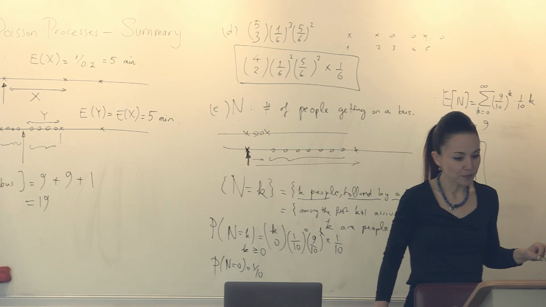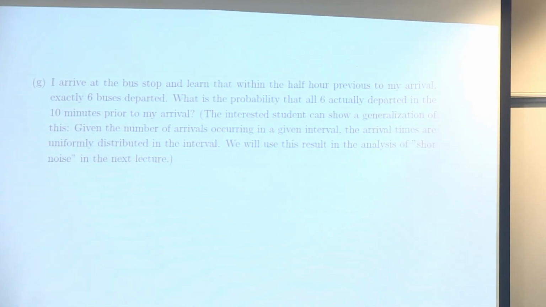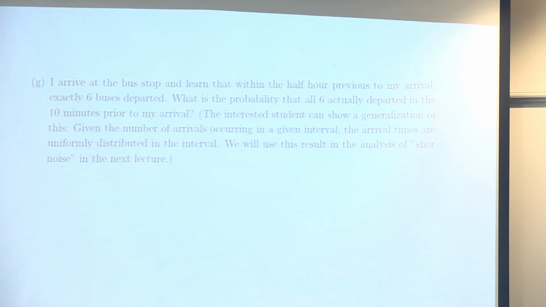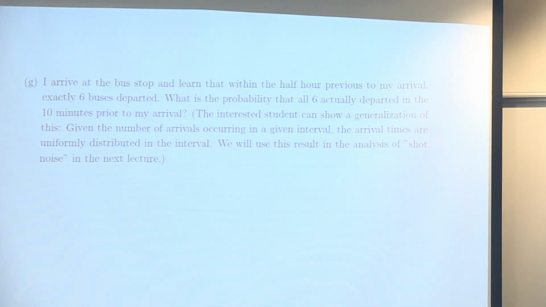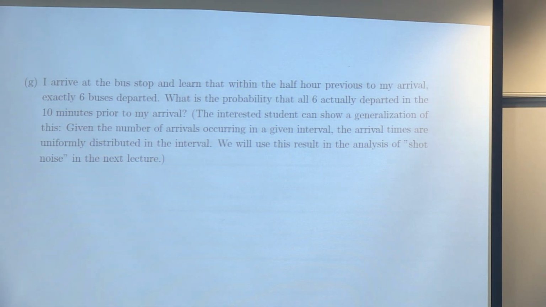Okay, the last part. I arrive at the bus stop and learn that within the half hour previous to my arrival, exactly 6 buses departed. Is that normal? Is that close to the average rate of departures?